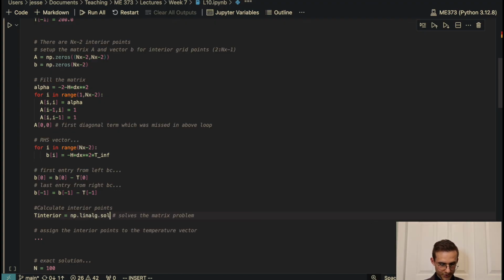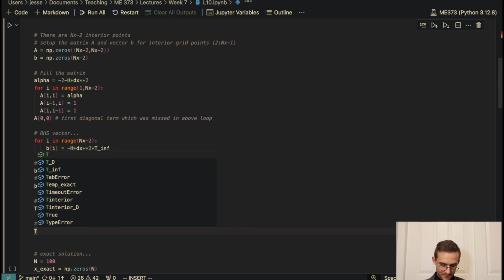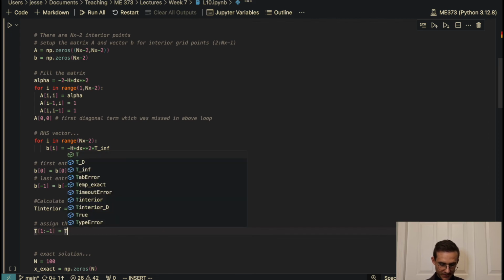Okay? And so now we'll call that numpy.linalg.solve function using A and b, and the result of that is going to be the vector of T values at the interior points, and then we can slice our vector at the interior points, so from 1 to minus 1, and set that equal to t interior.